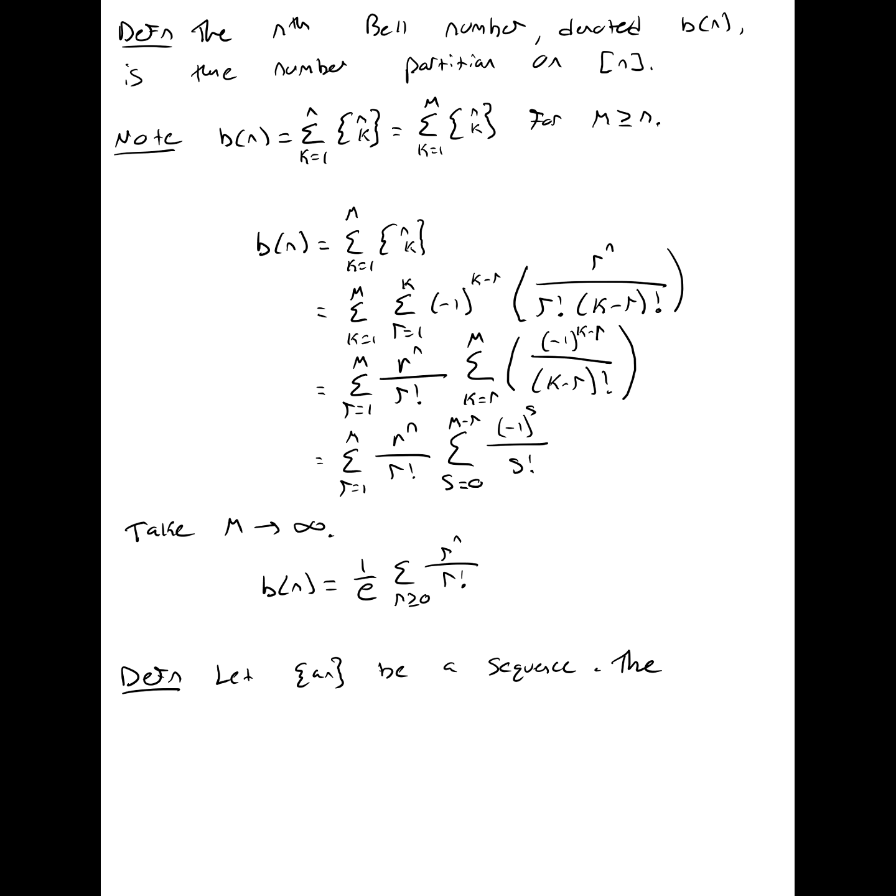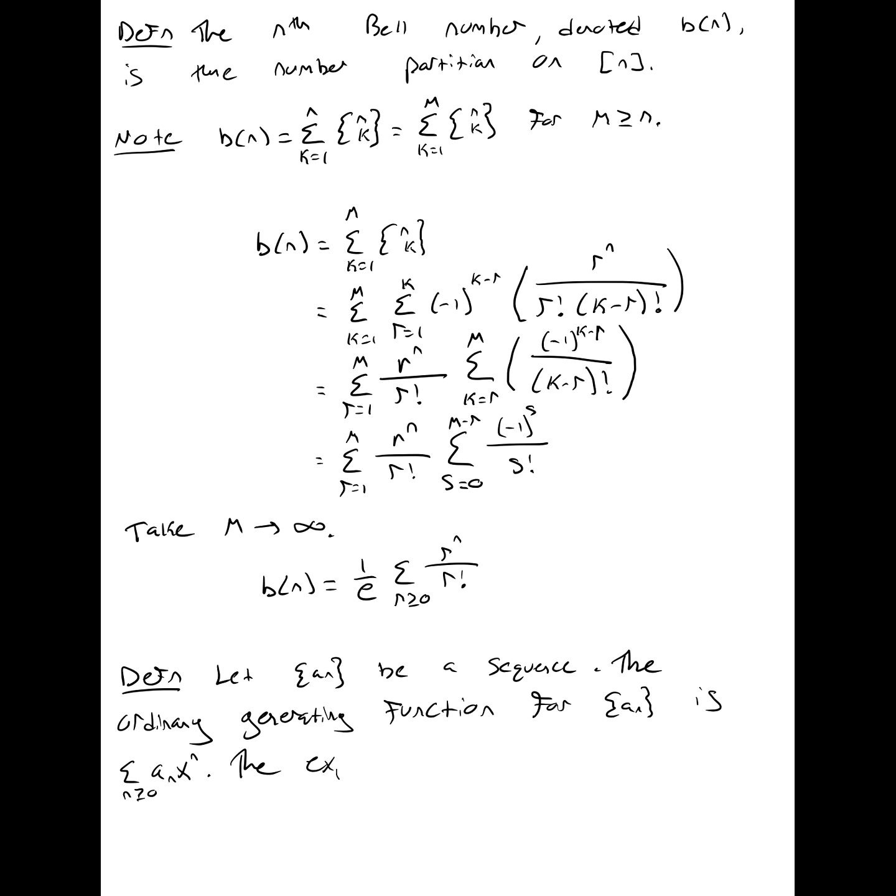We've been using this, but we'll call it the ordinary generating function for this sequence a sub n. It is the sum when n is bigger than or equal to 0 of a sub n x to the n.